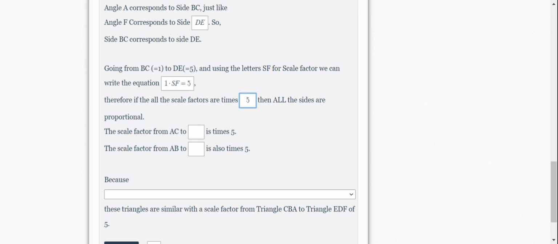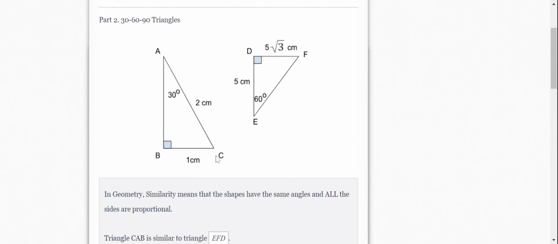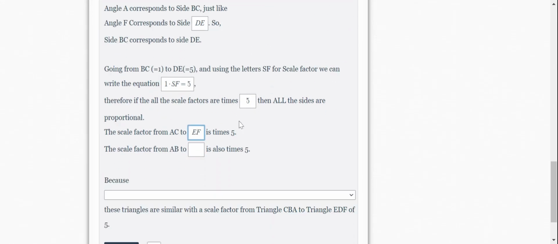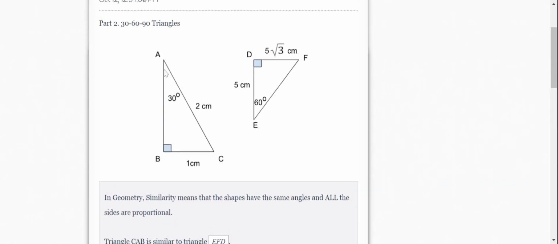The scale factor from AC, which is the hypotenuse, to EF is times 5. And from AB, the one across from the 60, that's DF.